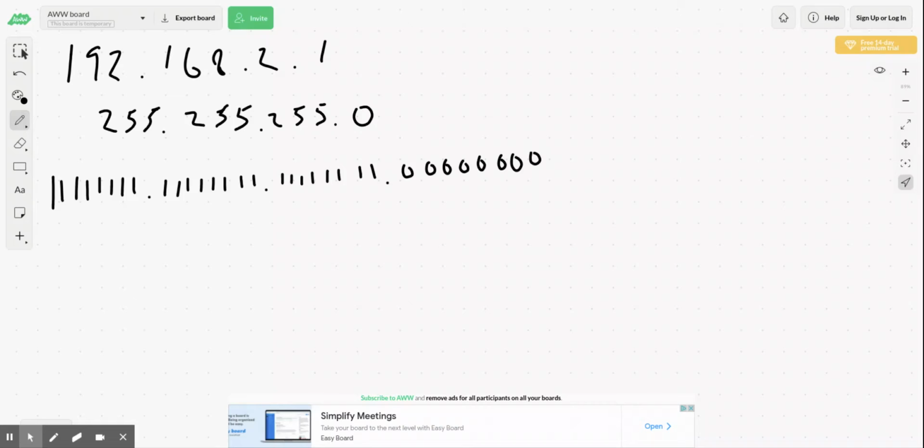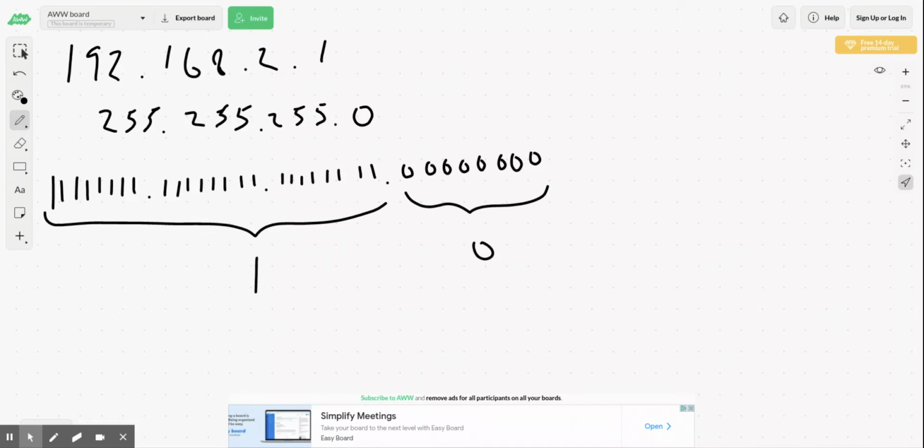One of the things about subnets is that all subnets require that the leftmost values be 1s. The rightmost values can be 0s, and there's no mixing of them. You can't have 1s and then some 0s and then some 1s and then 0s. They have to be one, then the next.